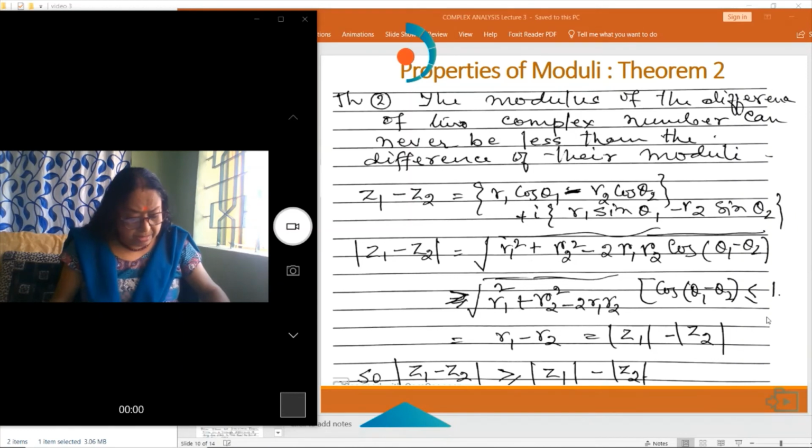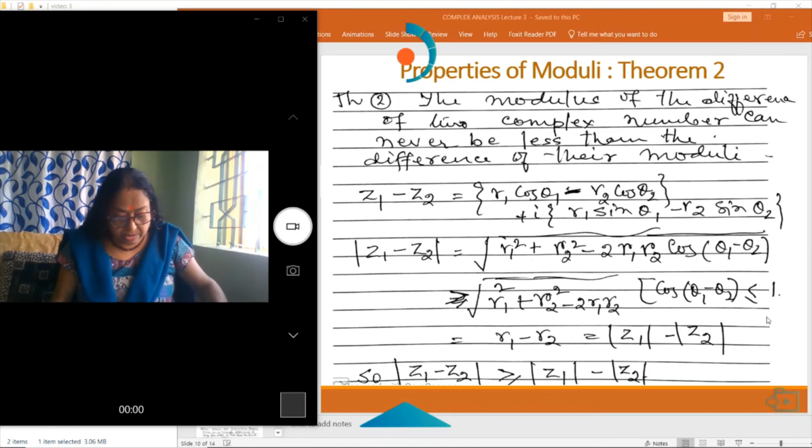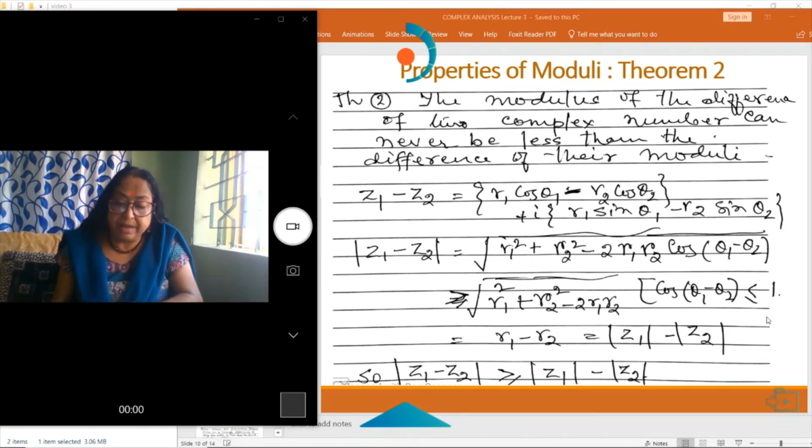This is at least the root of r1 minus r2 whole square, since cos of theta 1 minus theta 2 is less than or equal to 1. So this is equal to r1 minus r2, which can be written as modulus of z1 minus modulus of z2. Hence, modulus of z1 minus z2 is greater than or equal to modulus of z1 minus modulus of z2.